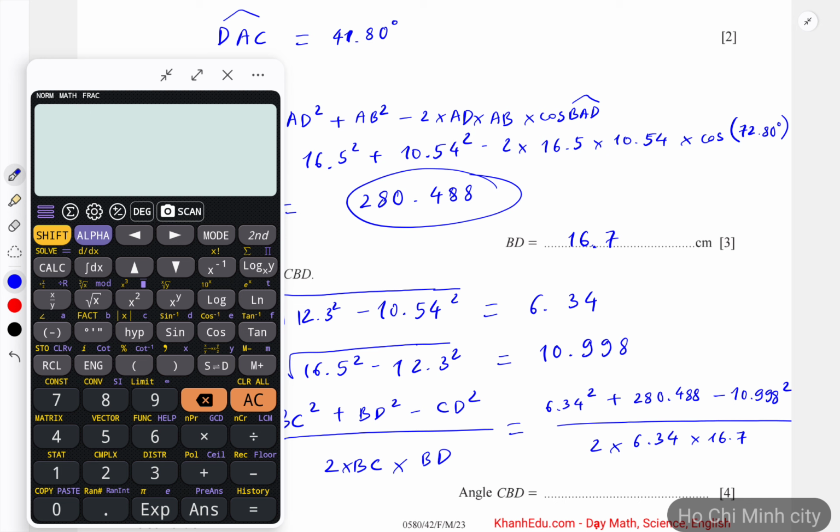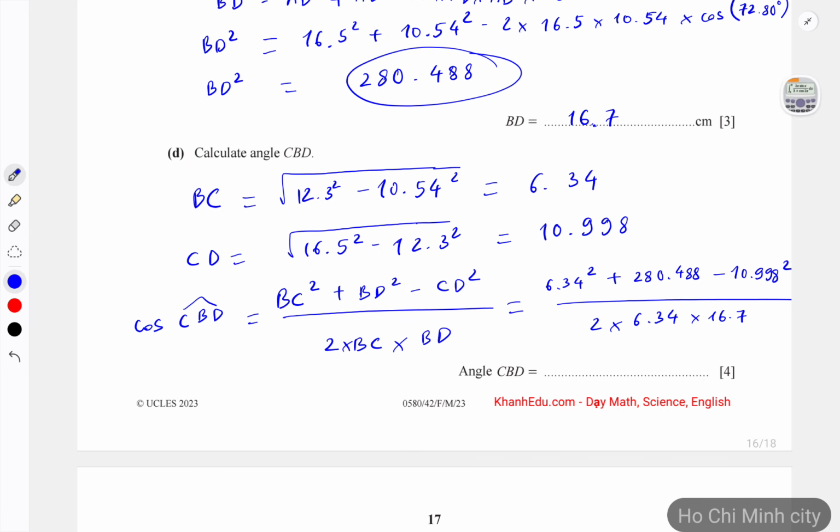All right, so the inverse of cosine of this fraction, the answer is 19.4. The angle is 19.4.